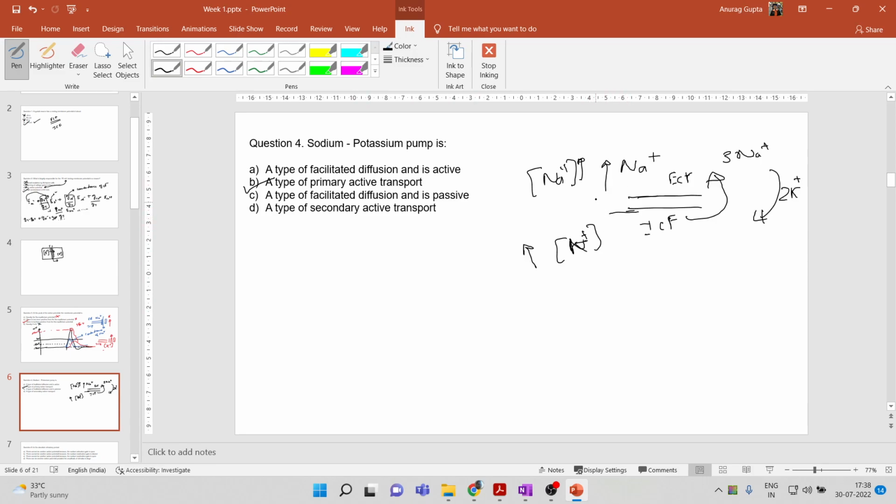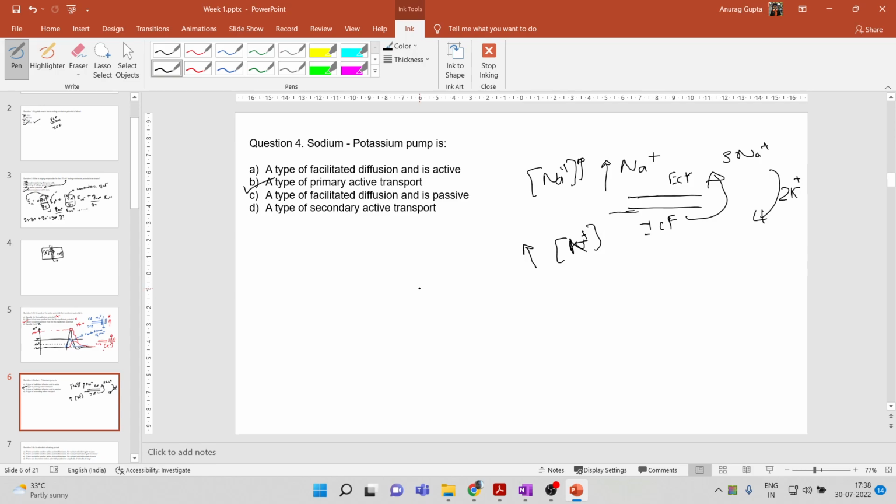So K plus ions will start leaking outside into the ECF along their concentration gradient through these leaky channels. Okay, and the aim of the sodium potassium ATPase is that, because of these leaky channels, the concentration gradient inside and outside can be affected, and hence the sodium potassium pump is used to maintain the concentration gradient.